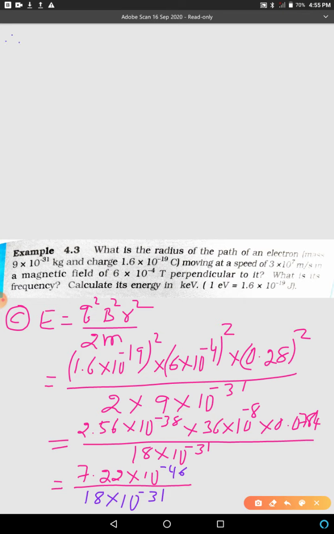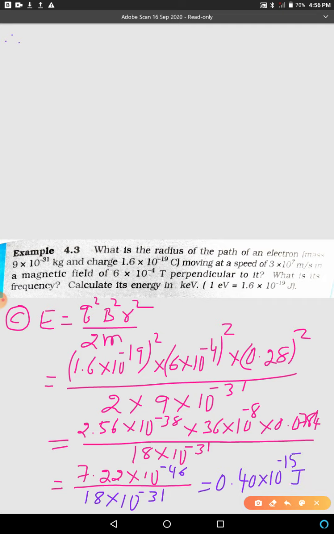Therefore E will be equal to 0.40 into 10 power of minus 46. Minus 31 going up becomes plus 31, so plus 31 gives minus 15.